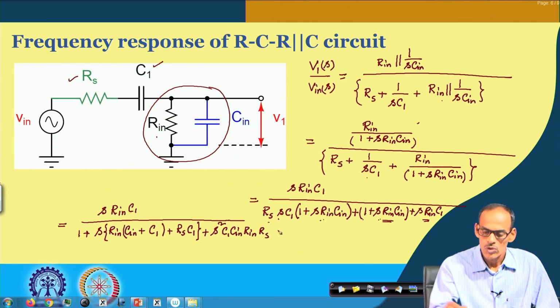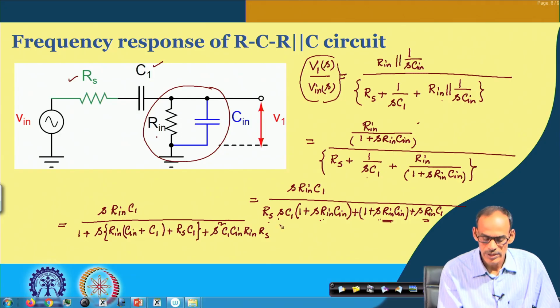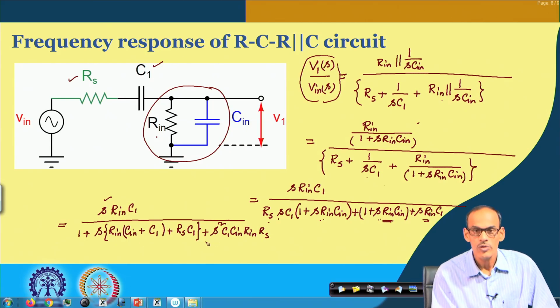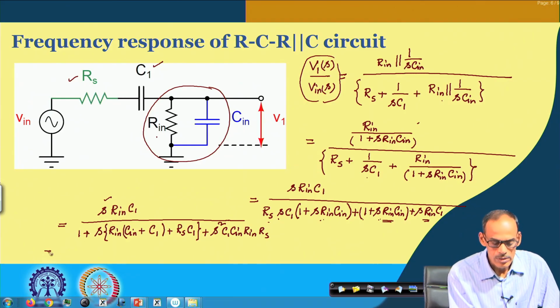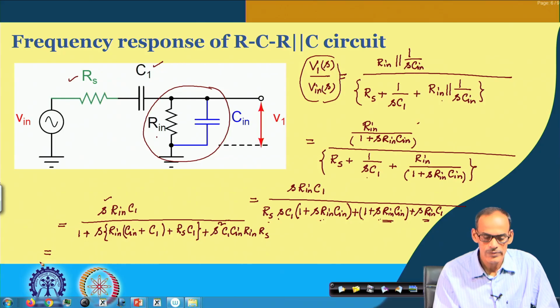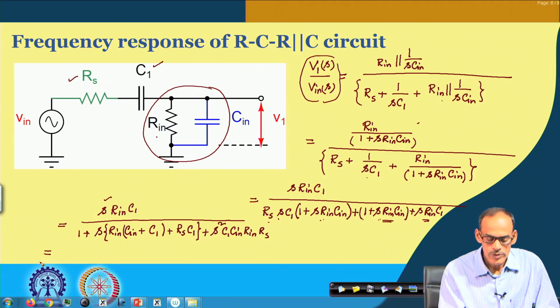Right. So, the transfer function written here has a 0 due to this s term, and since it is a second order polynomial in the denominator, we are expecting 2 poles. Now, let me consider a typical numerical value, and based on that we make some assumption here. C_in is typically much smaller than C1. So, probably we can ignore this part, and then we can take C1 outside.